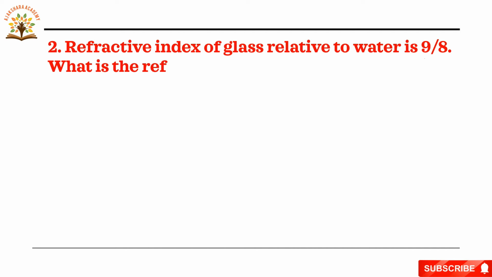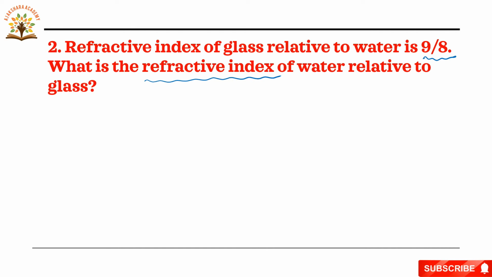In this question, the refractive index of glass relative to water is given as 9/8. We have to calculate the refractive index of water relative to glass. Let us go to the solution.